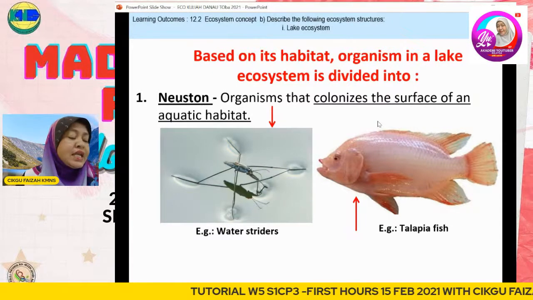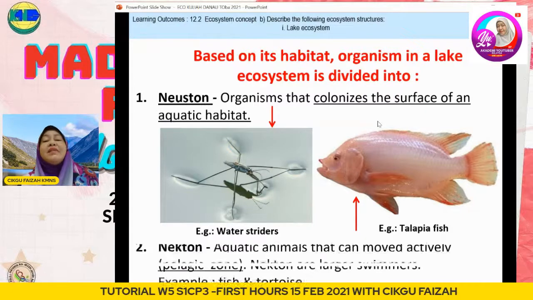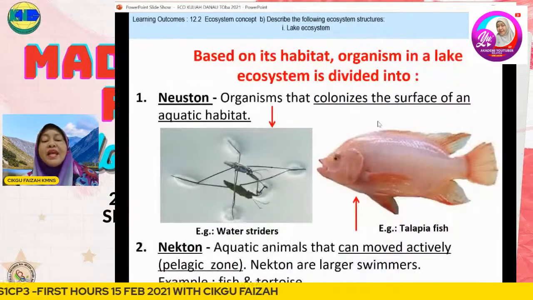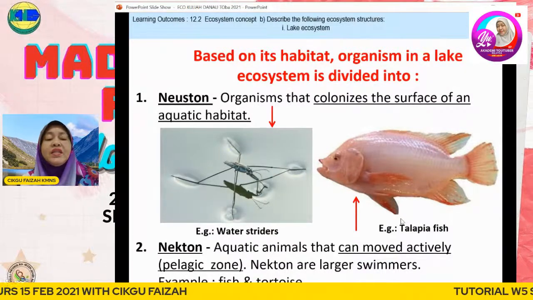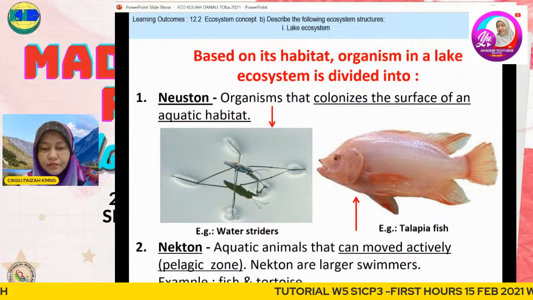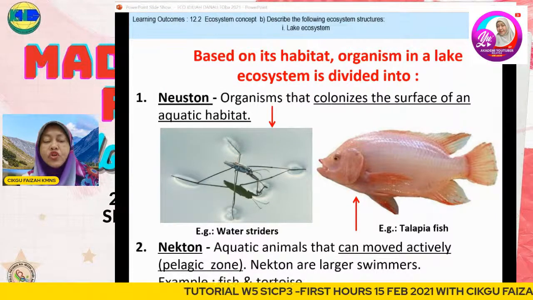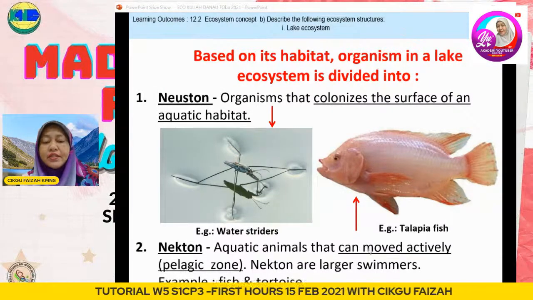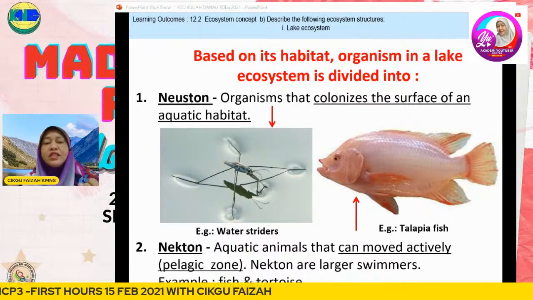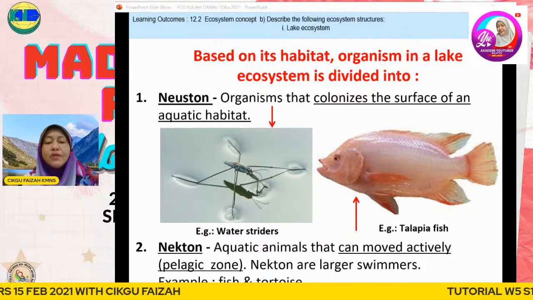So ini adalah untuk referring to apa kelas? Limnetic zone. Okay, kalau nekton pula is an aquatic animal that can move actively, pelagic zone ni. Contoh seperti ikan and tortoise. Itu adalah nekton. So get used to the terms neuston, nekton.